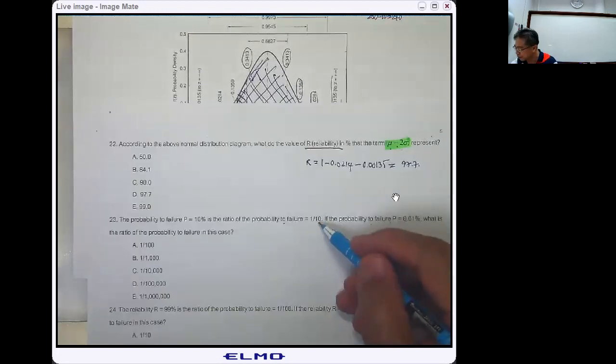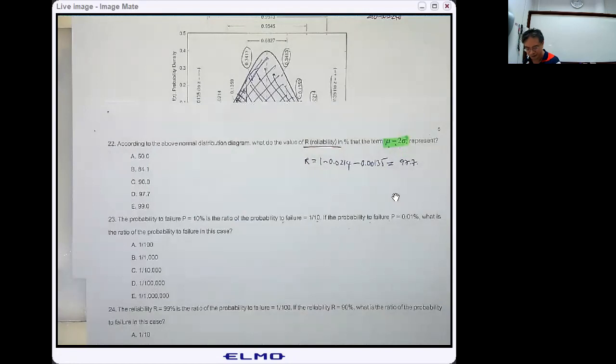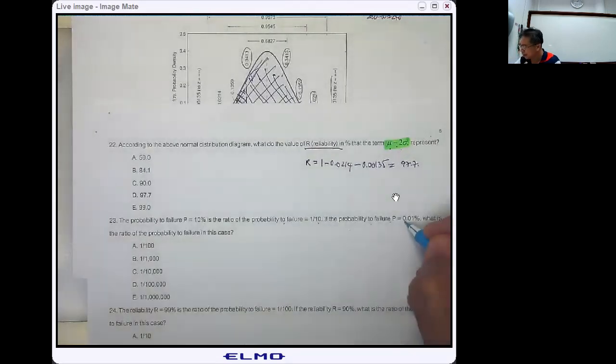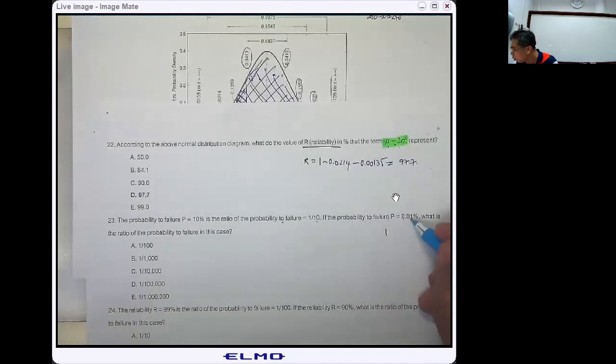So this is going to be 0.1, right? So the computation is going to be 1 divided by 0.01.